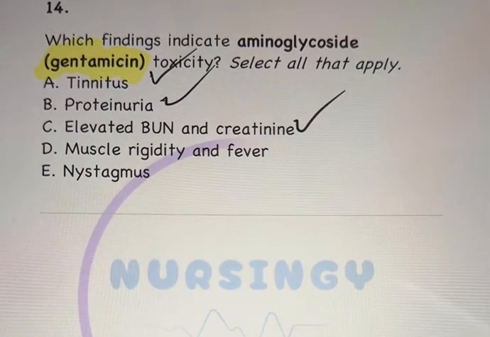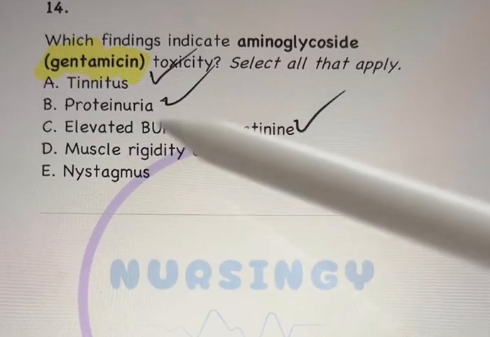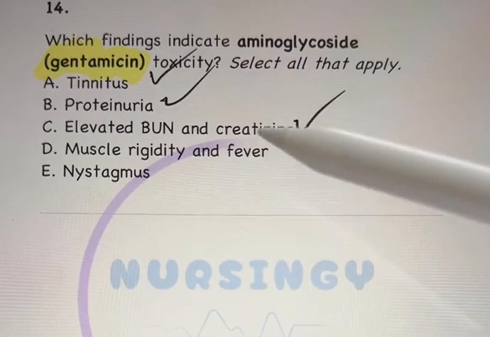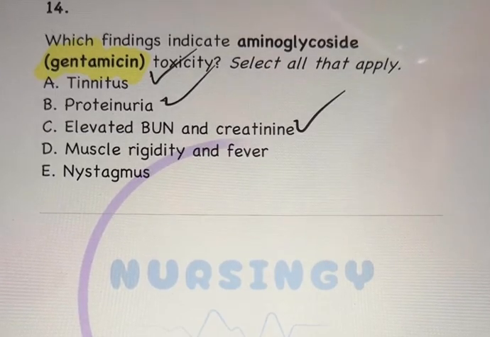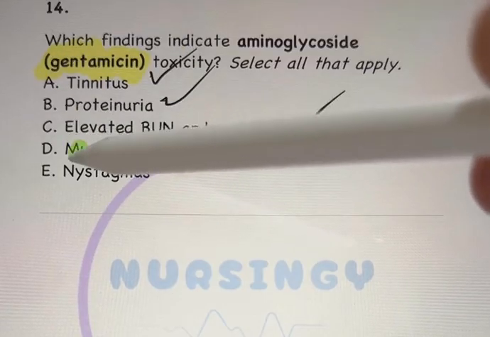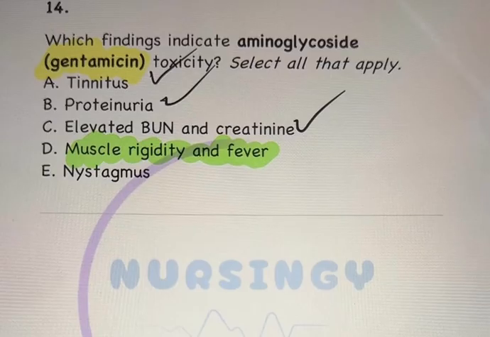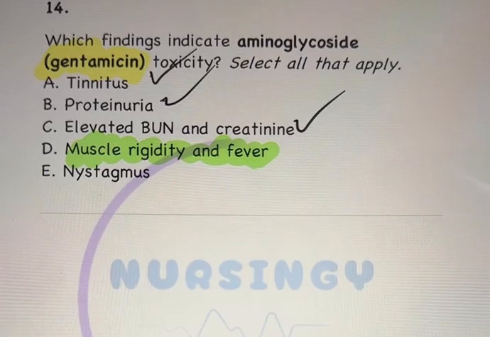Muscle rigidity and fever, we just did that one before. What are the signs, what is the indication of muscle rigidity and fever? Red man syndrome? No. In red man syndrome we have angioedema of upper torso, face, and neck.